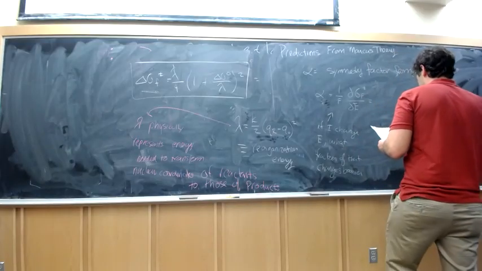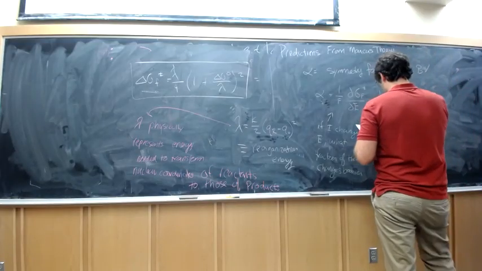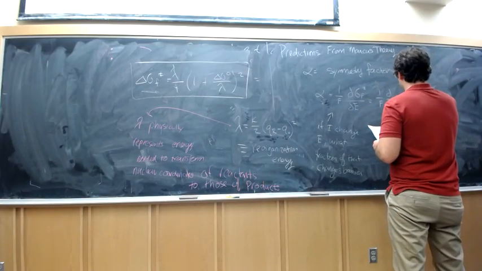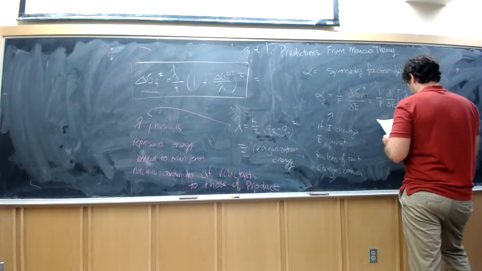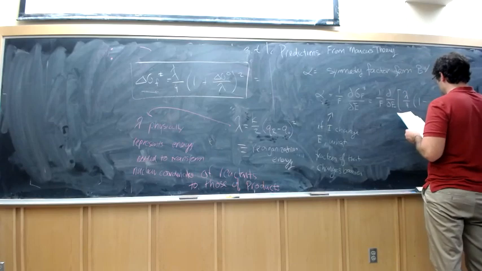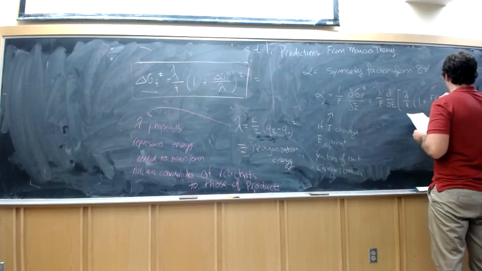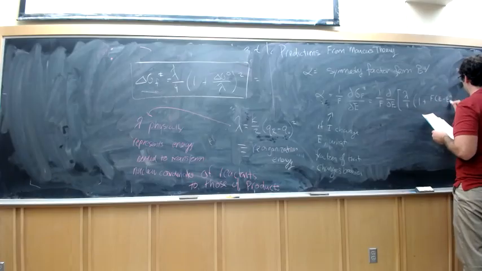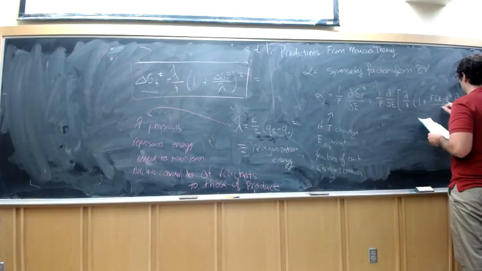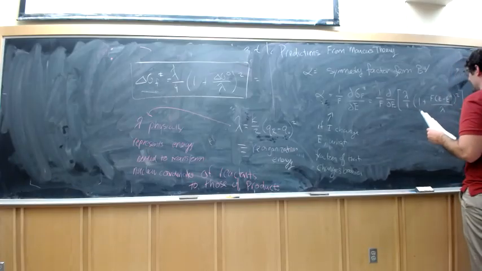I can calculate this directly from Marcus theory: 1 minus F dG, lambda over 4, 1 plus F (E minus E naught) squared over lambda. And I can use the chain rule.